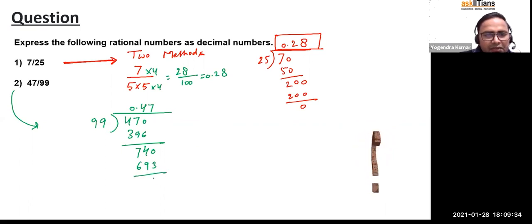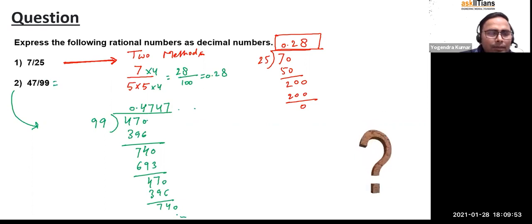So what is the remainder I'm getting here? 7 and then 4 here. So again, 4 times, then 396, then 74, 0 here. So 7. It keeps on repeating. You can see it is non-terminating and recurring.